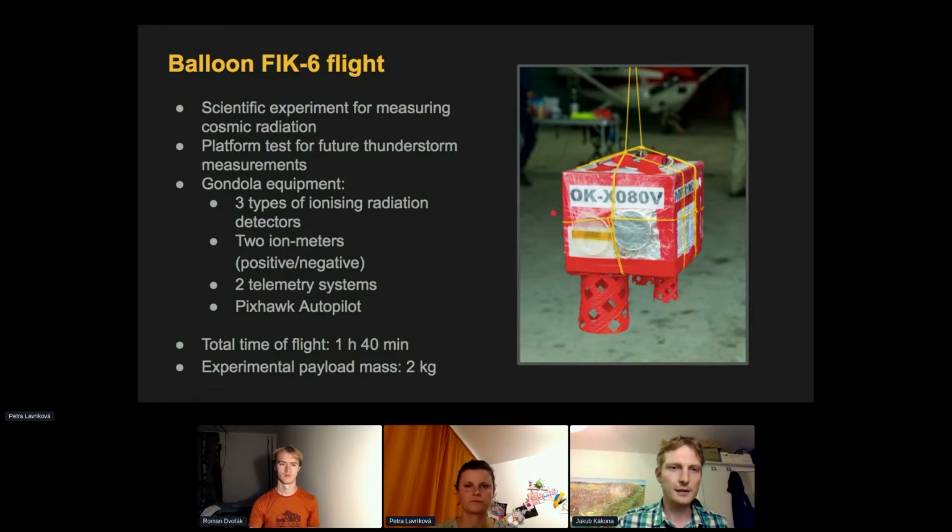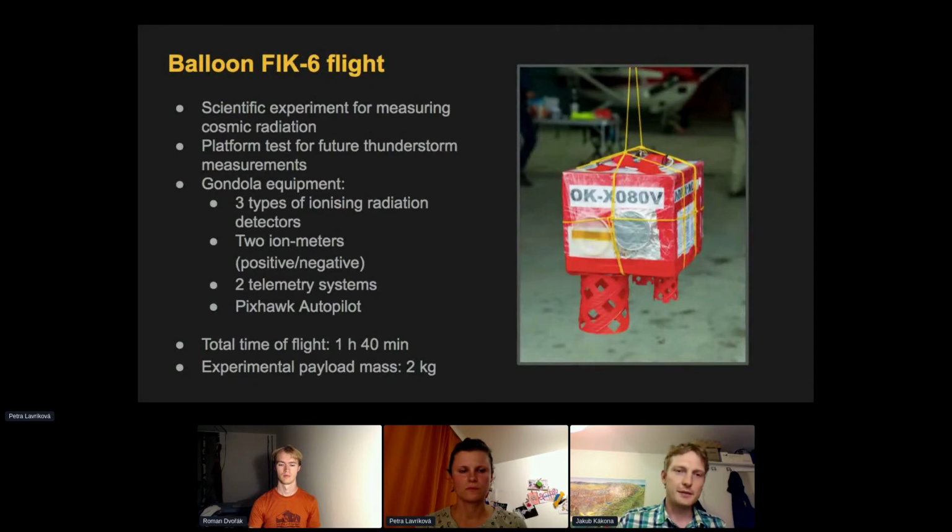Hello, here you can see a balloon scientific experiment. It is an experiment for measuring cosmic radiation in the ionosphere. It is a platform for testing future thunderstorm measurement equipment.